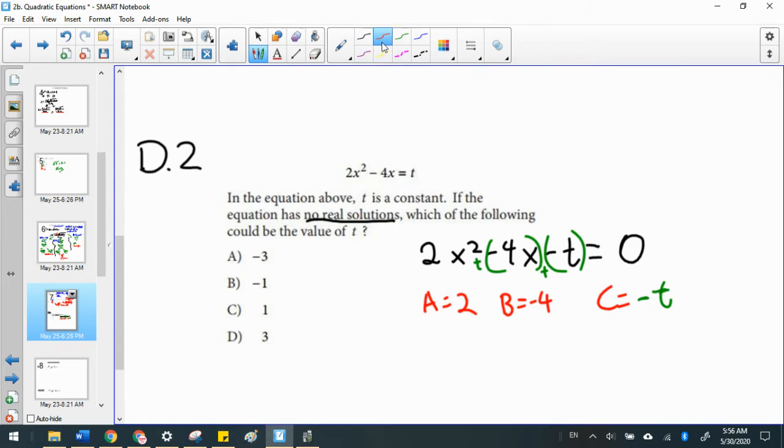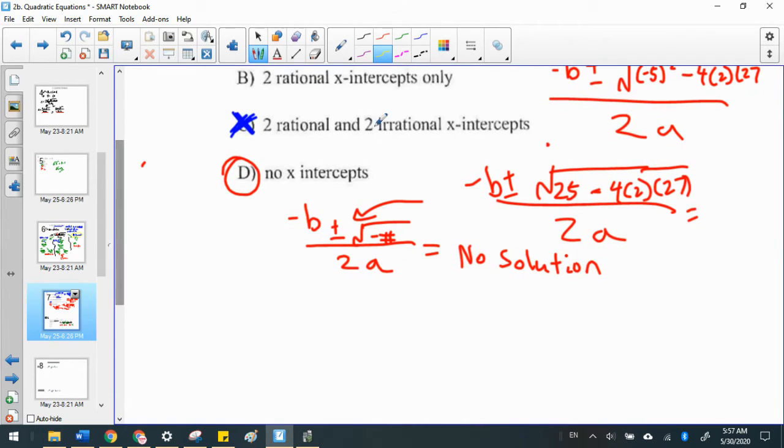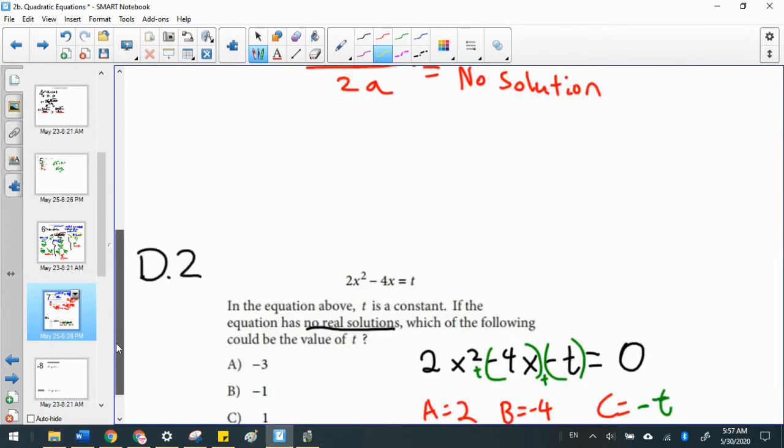And from here on out, we're looking for the express goal of picking a number for t so that I have no real solutions, which means we're going to rely on this formula right over here, where when I do what's inside the radical, which is b squared minus 4ac, the result has to be less than 0.